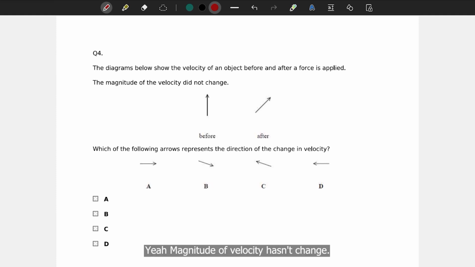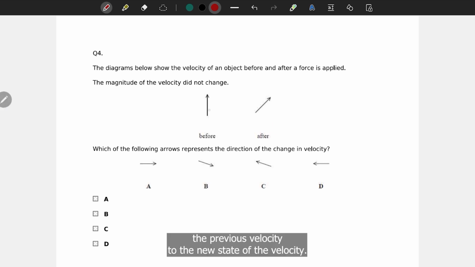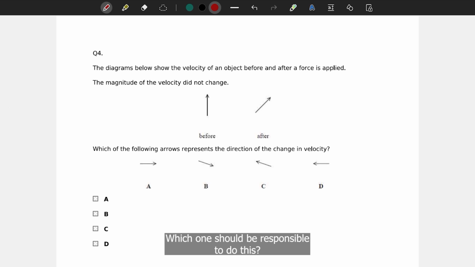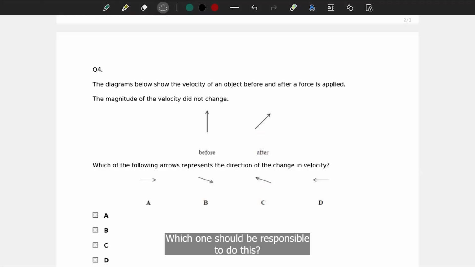So which of the following arrows represent the direction of the change in velocity? Change in velocity, right? So this change in velocity is responsible to change the previous velocity into the new state of the velocity. So now which one should be responsible to do this?